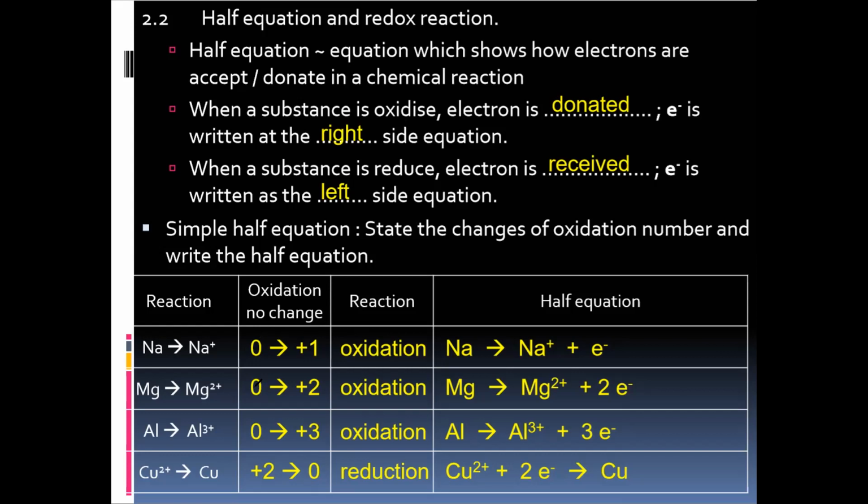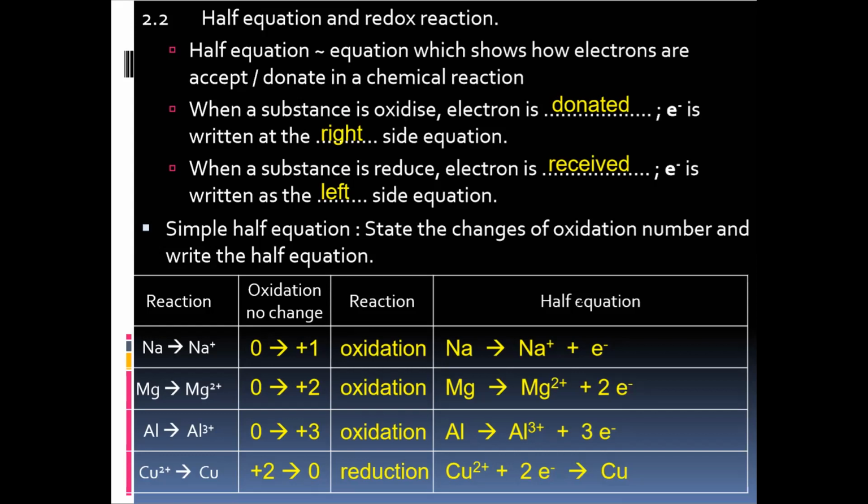But when oxidation number decreases from +2 to 0, then we call that reduction. It has actually gained electrons, but the oxidation number in terms of figures has reduced. Okay, so that's a simpler way to remember the concept of oxidation and reduction. So this is 0 to +1, we said that's oxidation.